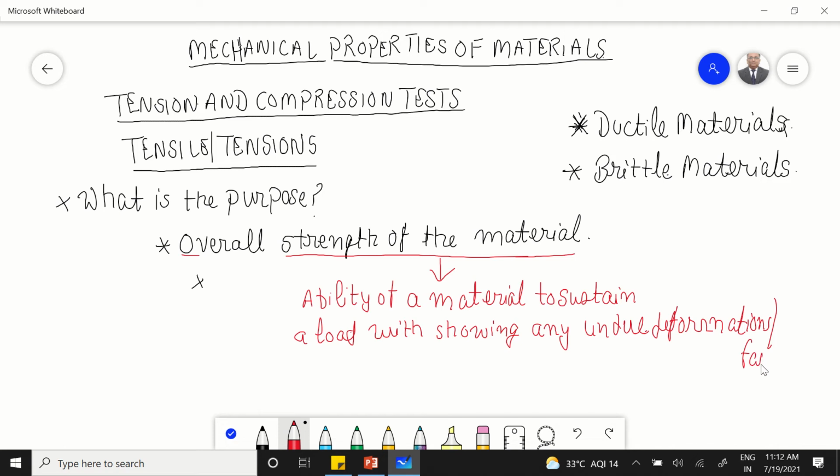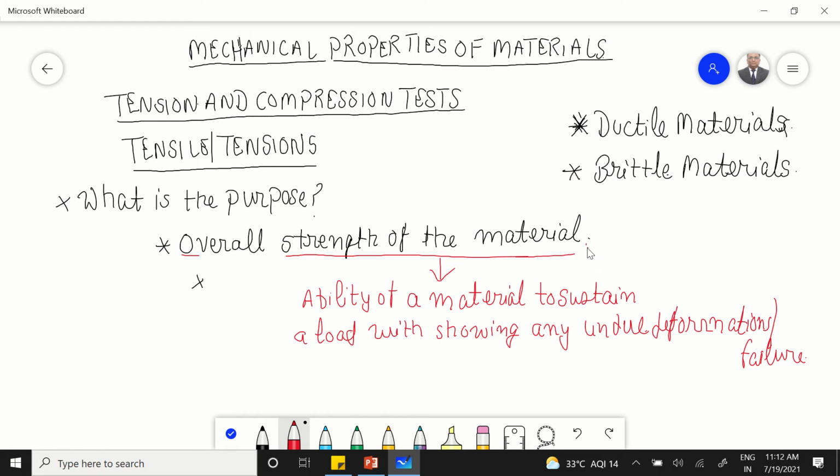So that is the main purpose of performing the different types of tests, and our main criterion is to find out the overall strength of a material.